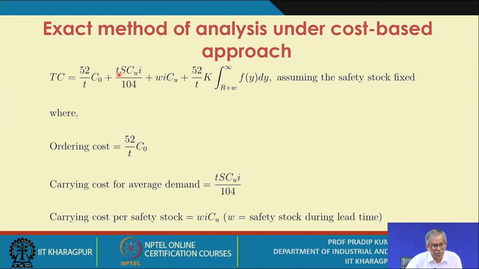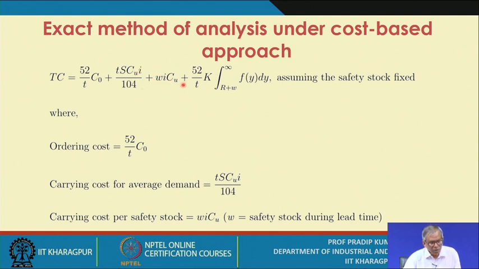So S into T into CU into I. I is the inventory carrying cost as a proportion of the average inventory which you hold. What is S? S is basically the annual demand in physical units, and CU is the unit price. So you can refer to our original expressions of EOQ where we have used these notations.